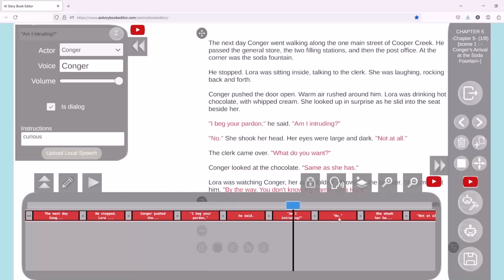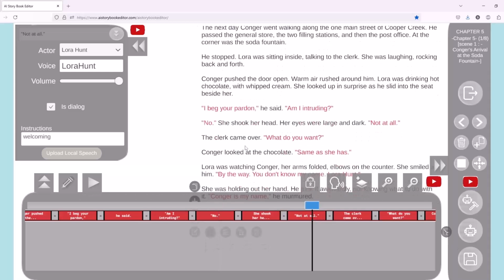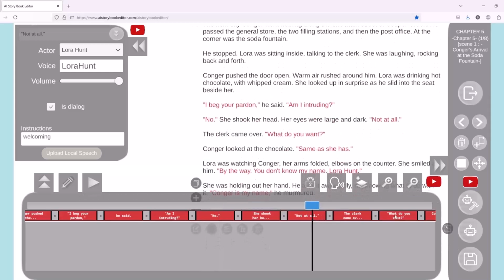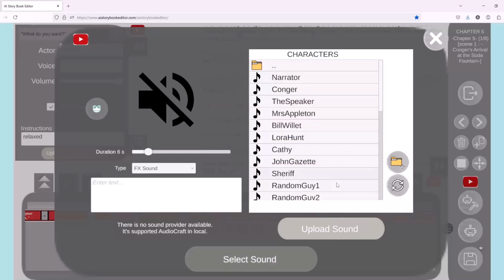Conger, Laura, and this is a random guy. So we are going to use a random voice.